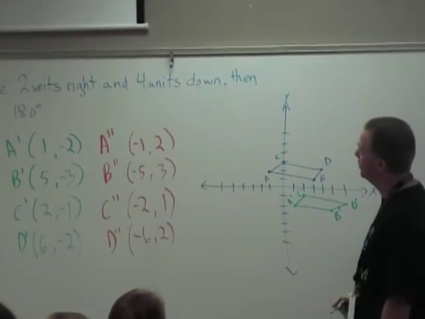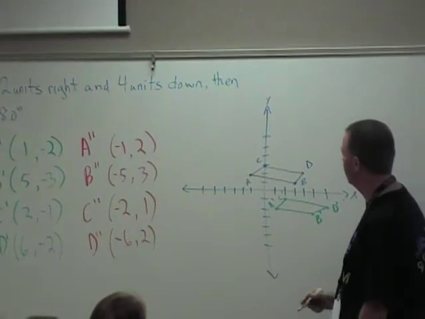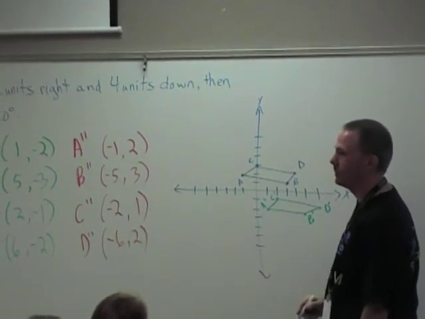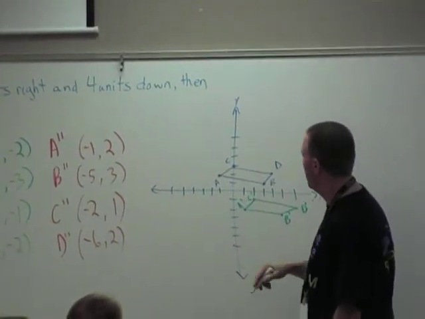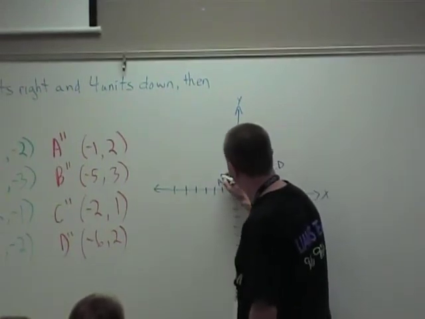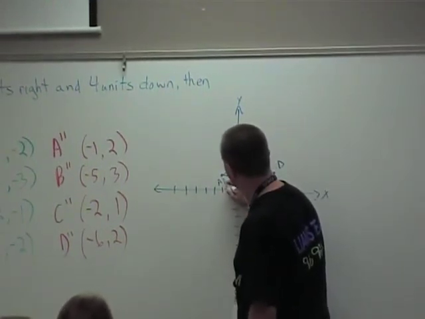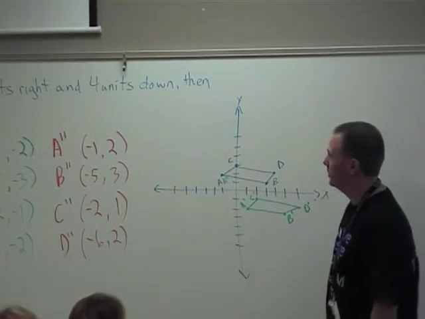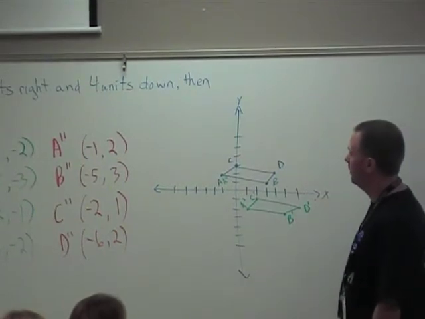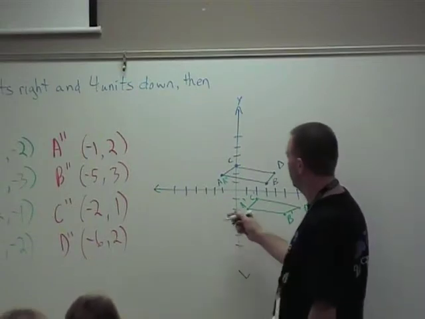All right, now we are supposed to rotate 180 degrees. Wait, what's, never mind. So A double prime is at -1, +2. Oh, it shares the original number. B double prime is at -5, 3.